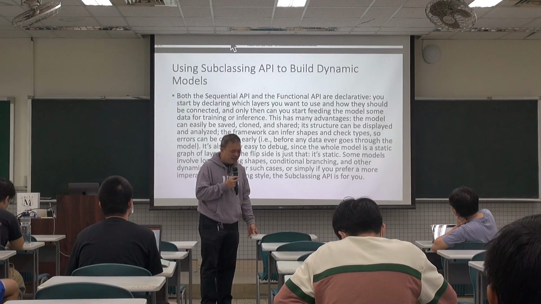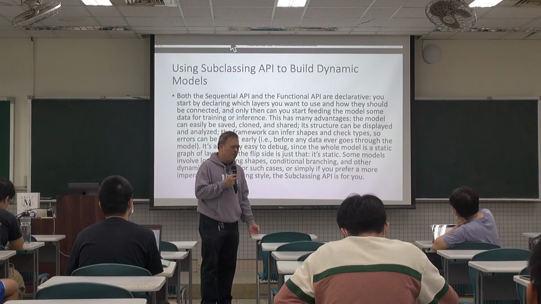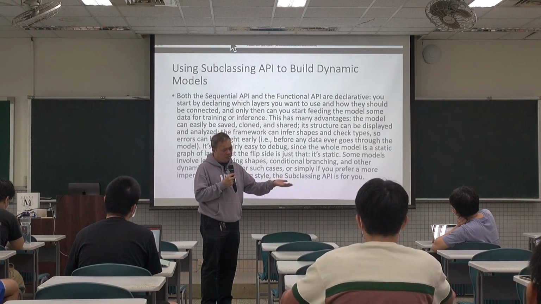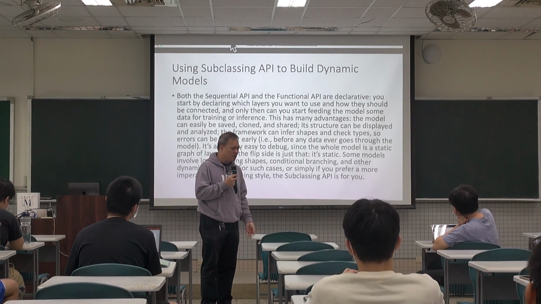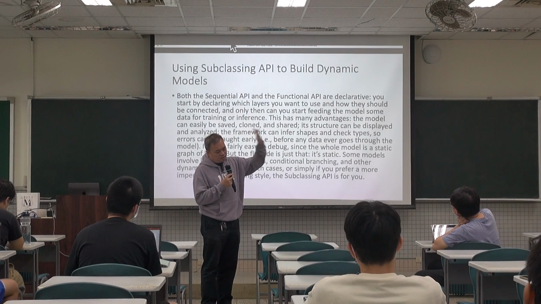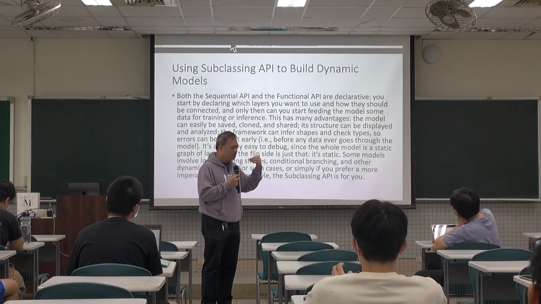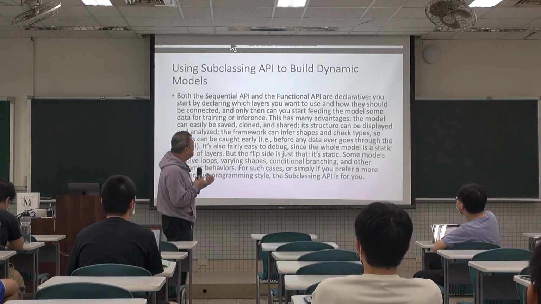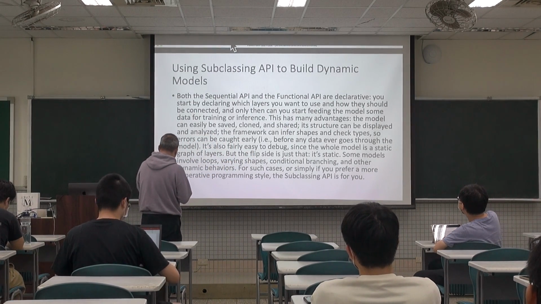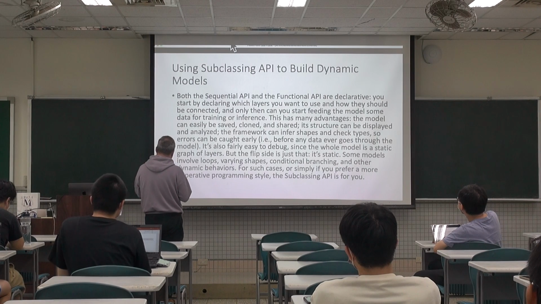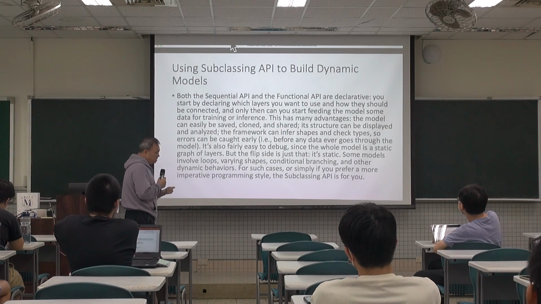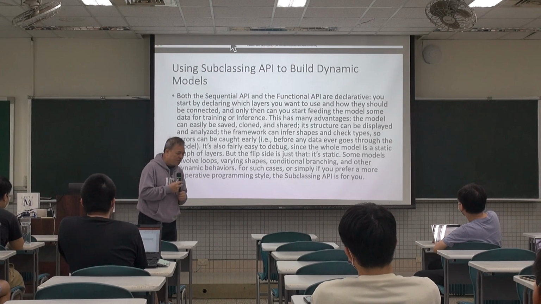In that case, depending on the model architecture you have, you can use the sequential API or functional API. You don't use the subclassing API. The only situation you need to use a subclassing API is when you want to create a dynamic model.